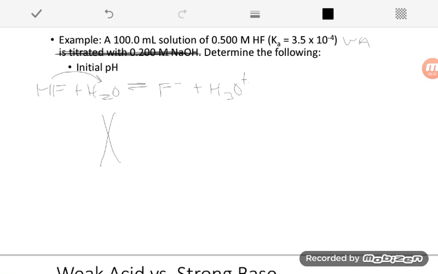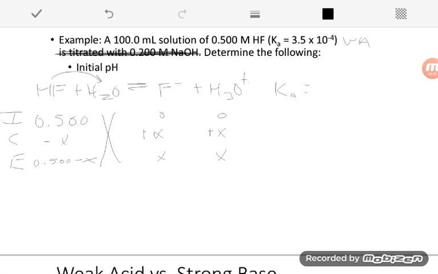I'm going to cross out the water because he is a liquid, so I don't need him to make my ice table. I start out with 0.5 molar of the HF and none of my products. I'm going to use up some of this where I'm going to make my products here. So at equilibrium, I'll have 0.5 minus X, X, and then X.